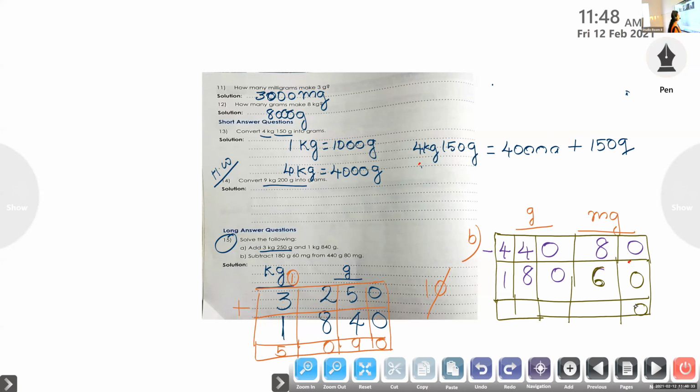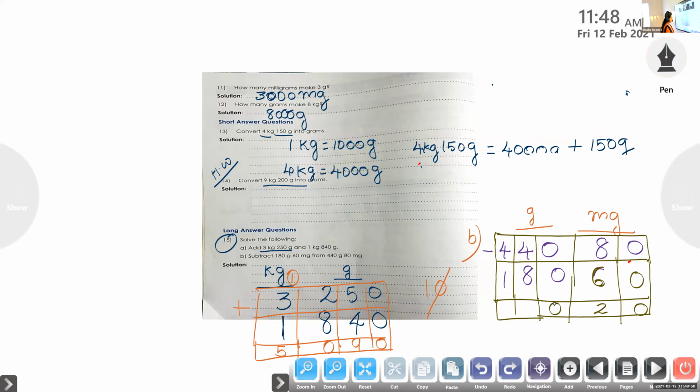8 minus 6. Take 8 fingers, close 6 fingers. How many fingers are remaining? 2. Again 0 minus 0, 0. But 4 minus 8, we cannot do.